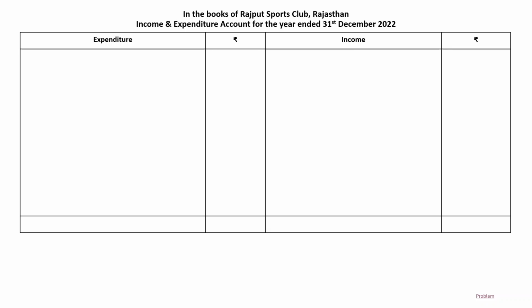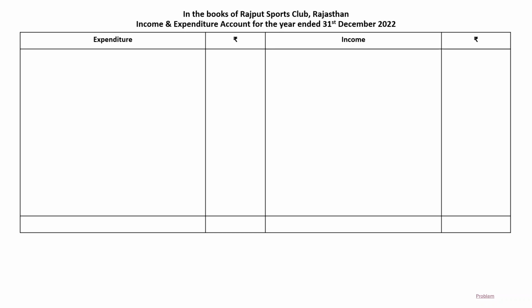So first we will show all the expenditure and then all the incomes. All the expenditure that we have to transfer into this income and expenditure account is revenue expenditure.